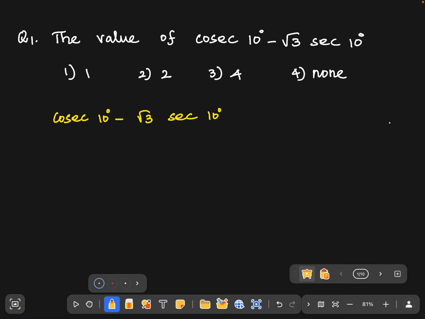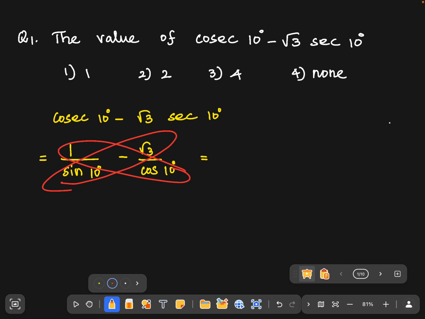We know that cosecant is the reciprocal of sine. So it is 1 by sin 10 degree minus root 3 divided by secant, which we can write as the reciprocal of cos, so cos 10 degree. Then we should do the cross multiplication: 1 into cos theta and root 3 into sin theta, over sin 10 degree and cos 10 degree.